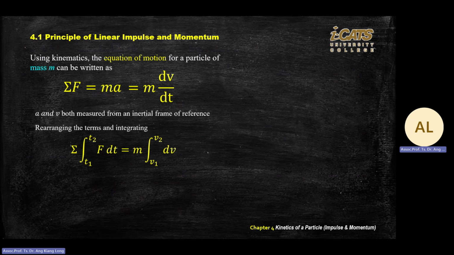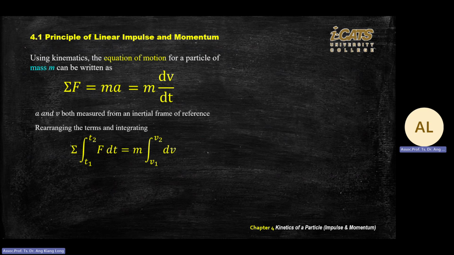Okay, so in this chapter we're actually recycling F equal to ma, but we are using the definition of acceleration in terms of v. So in chapter 4, you no longer see acceleration anymore. You will see velocity. When you have the integration of F dt on the left-hand side, on the right-hand side you have m integrate dv.